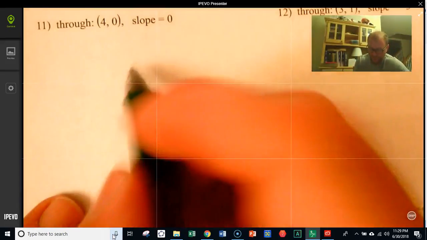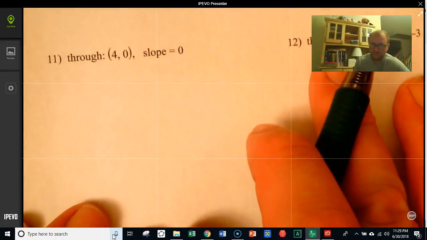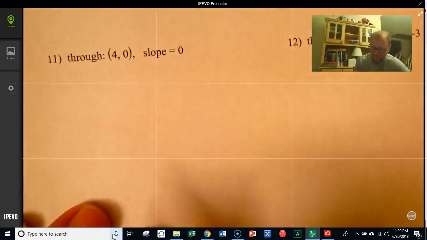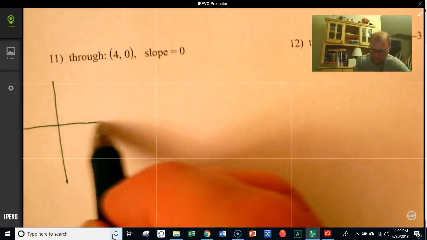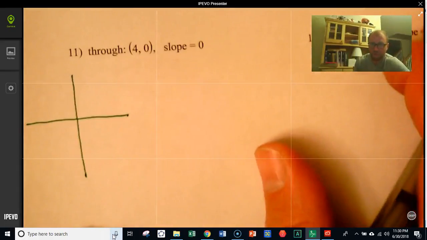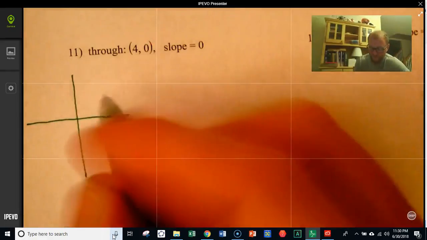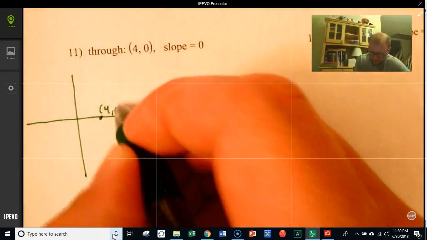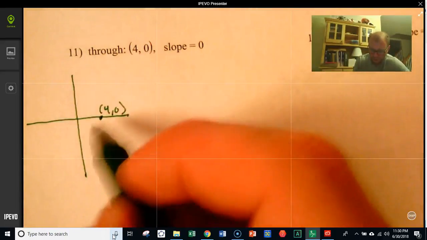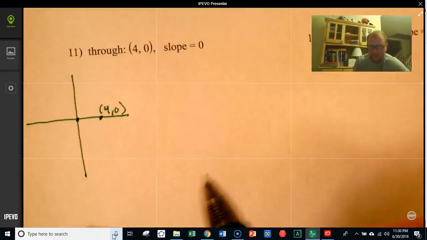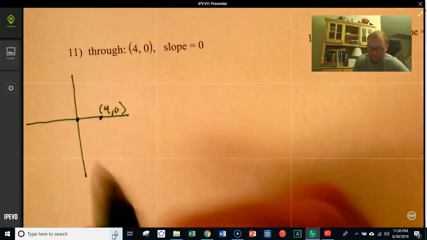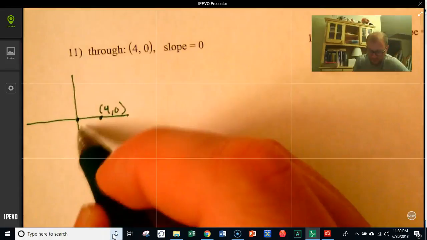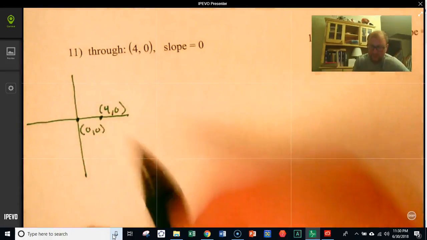Okay. Here, our slope is 0, and this is a special case that can save you some time. A 0 slope means that it's a horizontal line, and if it's going to pass through the point (4, 0) and be horizontal, then it must pass through the point over here as well, (0, 0).